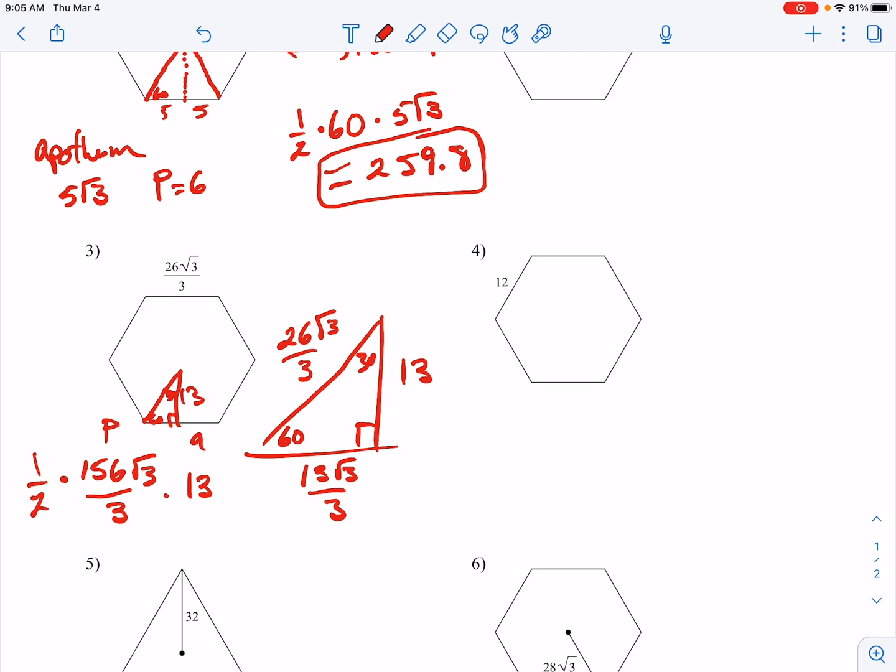So let's see, times square root of 3. And we get the area on this one is 585.4.